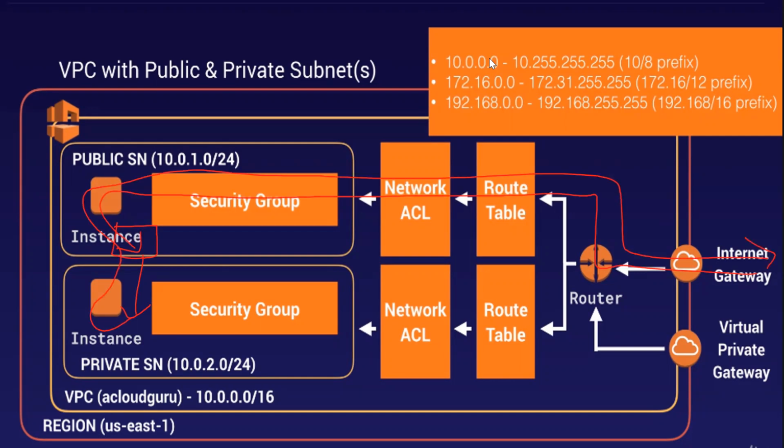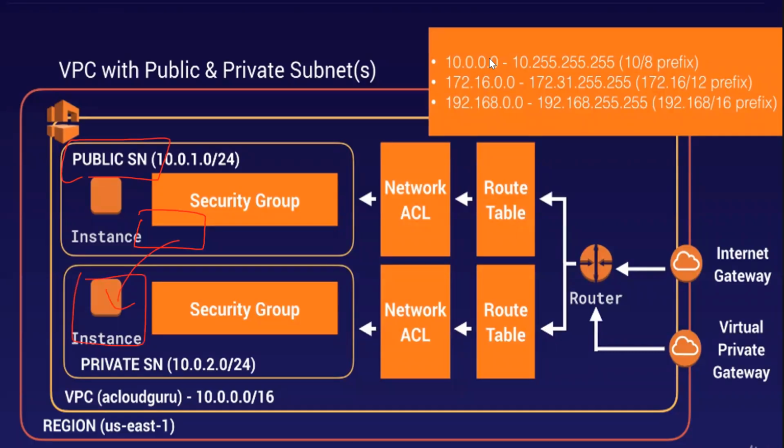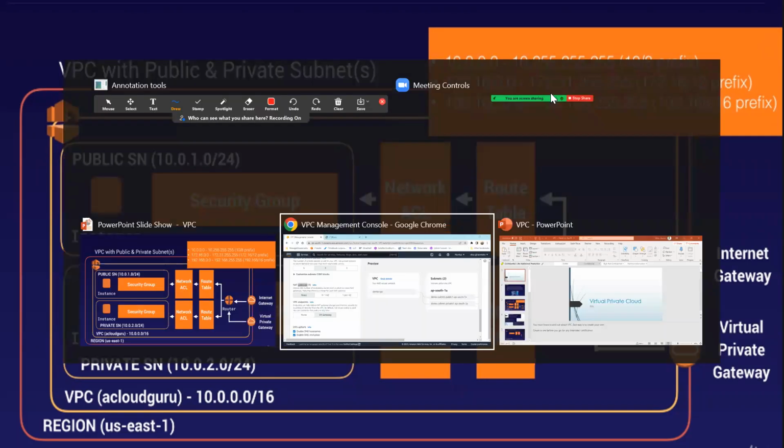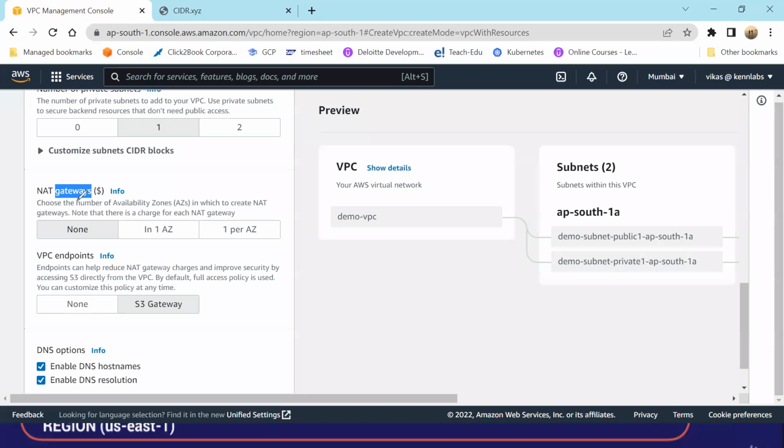So NAT can be thought of as a channel, or a component, which allows you to connect to your private subnet. It will always sit in the public subnet, but it allows you to connect to your private instance. So please remember this: NAT always sits in the public subnet, but it allows you to connect to your private instance.